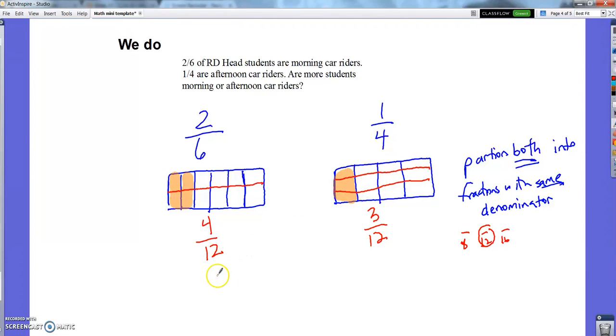And I can tell, once the denominators are the same, look how easy it is to tell which one's greater. Even though they don't look really the same the way we partitioned them, 4/12 is obviously more than 3/12. So, more students are whichever one 2/6 was. Morning car riders.